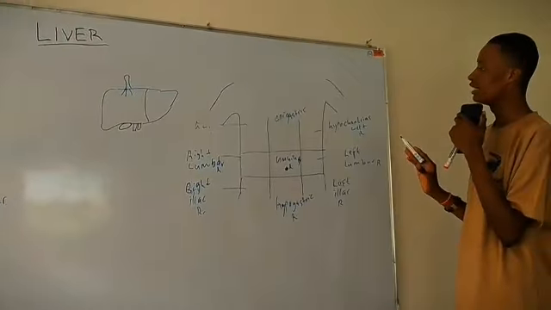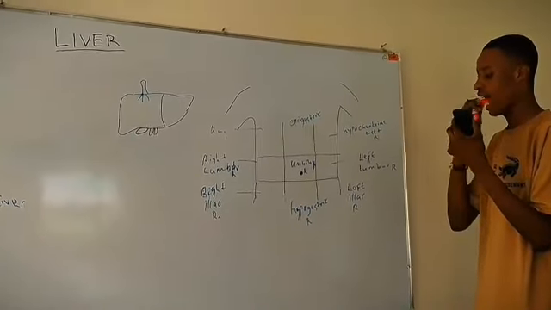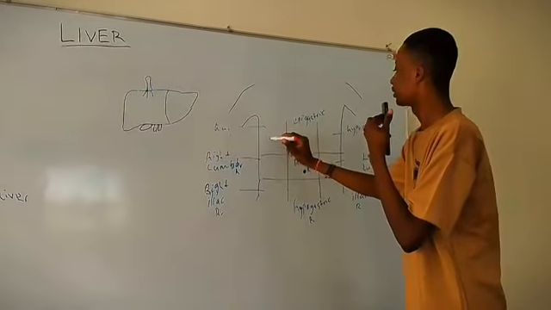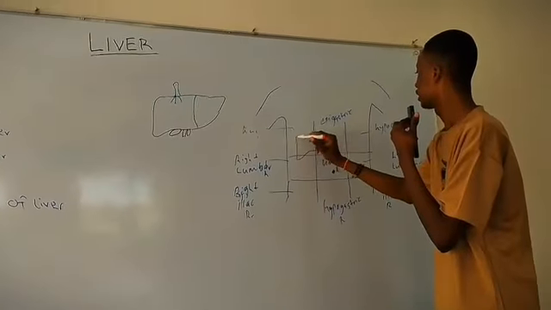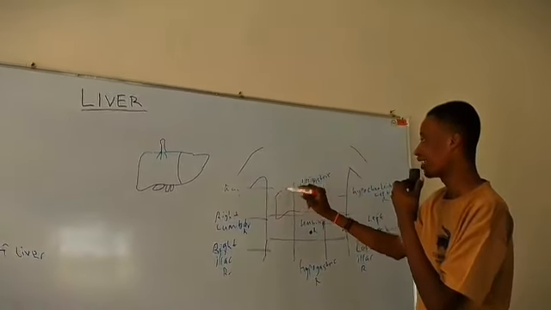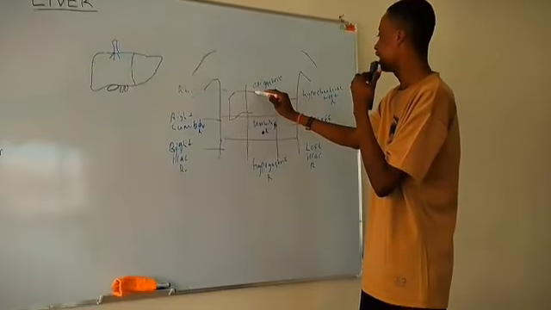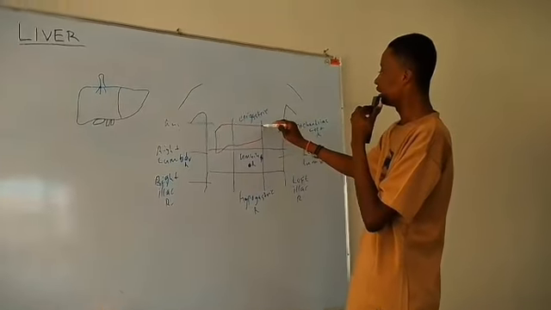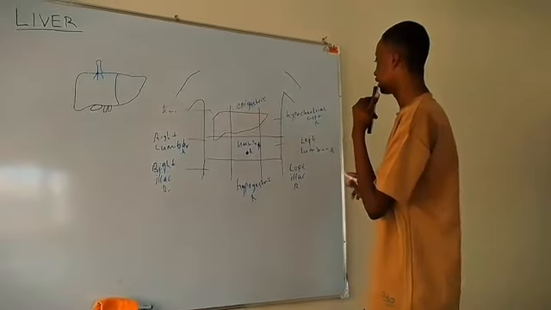Now, the liver is located here. The liver is located at this region. The liver is like this. So it starts from the right hypochondriac region, then it extends to the epigastric region, and frequently, slightly to the left hypochondriac region.